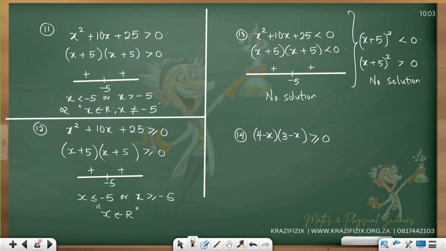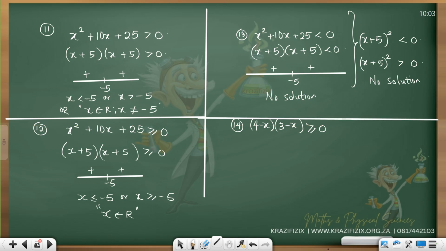And the last one, you would notice something very interesting here is that both of them are not in standard form. So please watch what I'm going to do here. I'm going to do it step by step mathematically. Let's change the first one. Remember, x minus 4. I need to change my inequality sign.